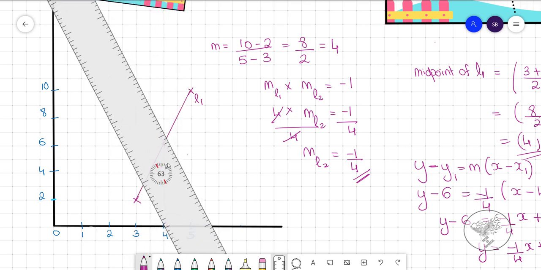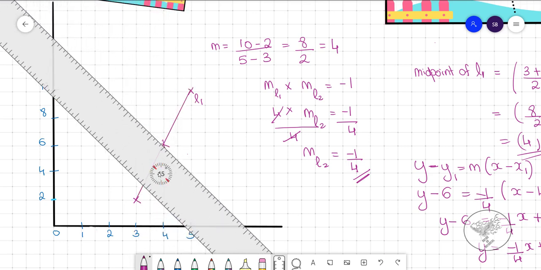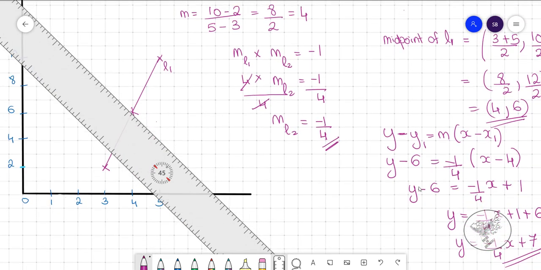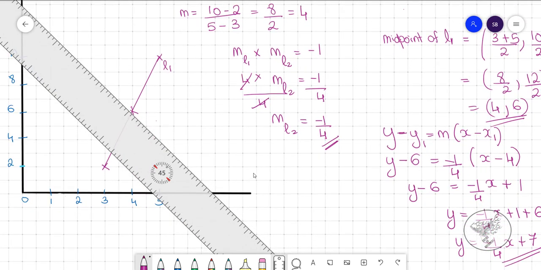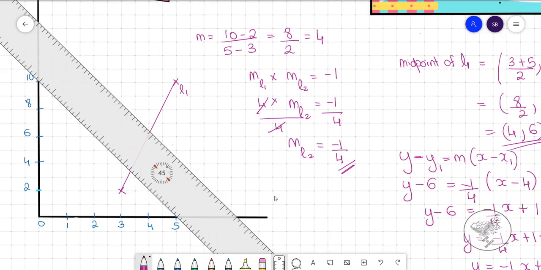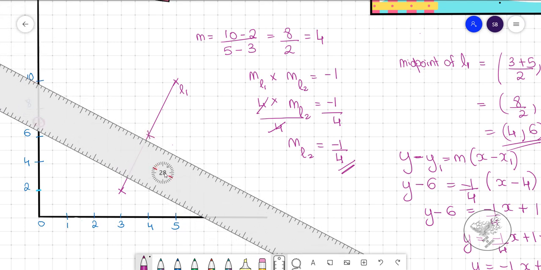And if I were to draw the perpendicular bisector, the line would go through this point, but in order to draw a straight line, I need another point. At least I need 2 points in order to draw a straight line. So when x is equal to 0, y is equal to 7. So the perpendicular bisector cuts this coordinate as well.